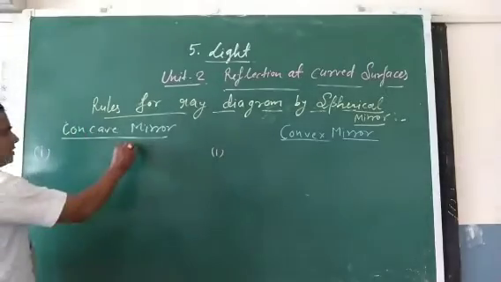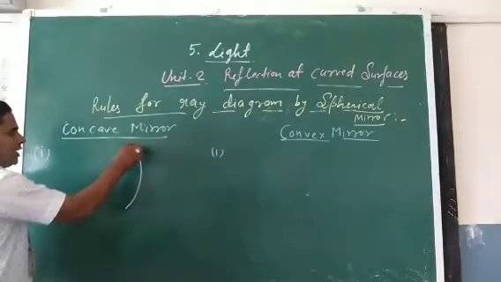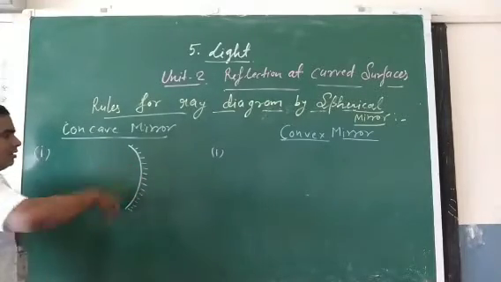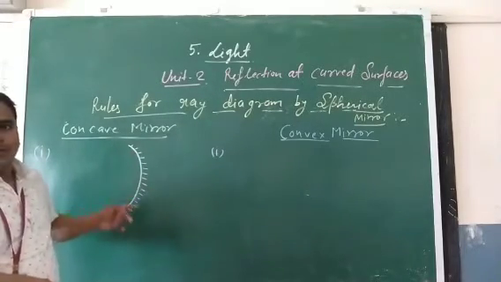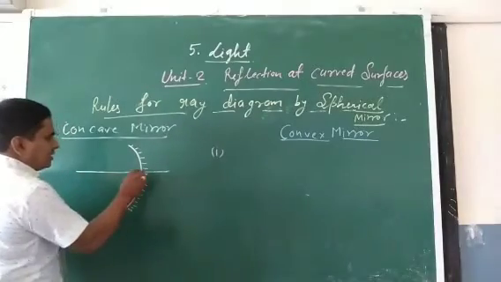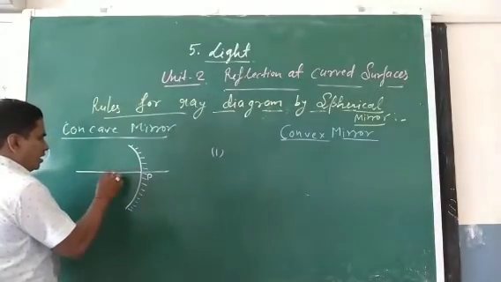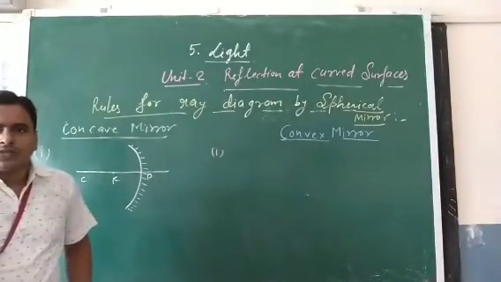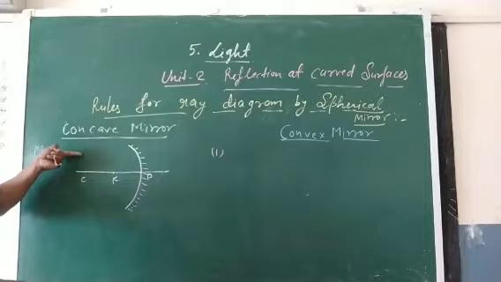First, in case of a concave mirror. In a concave mirror, the outer surface is polished and the inner surface is reflecting. This is the principal axis, this is the pole, here the focus, here the center of curvature.